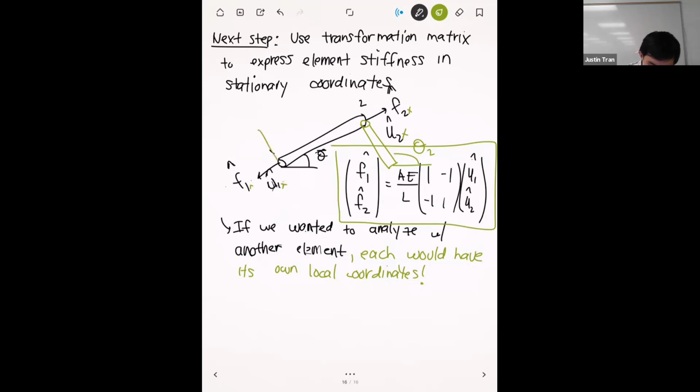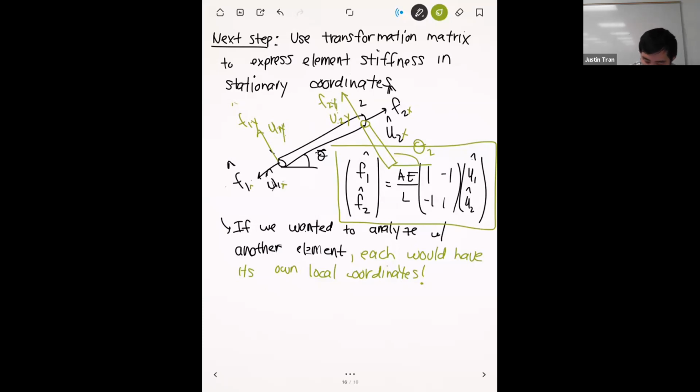We also have displacements and forces in the y direction too, right? So we have F1y, F2y, and U1y and U2y as well.